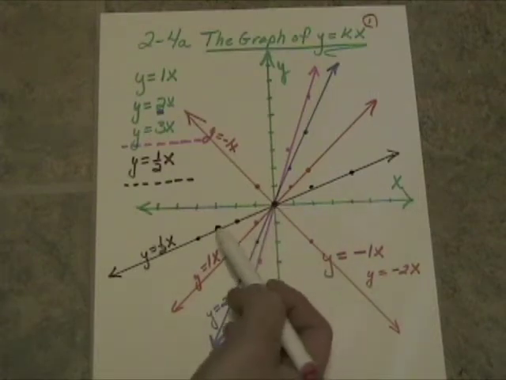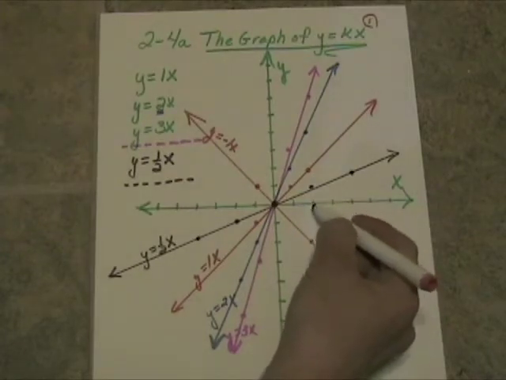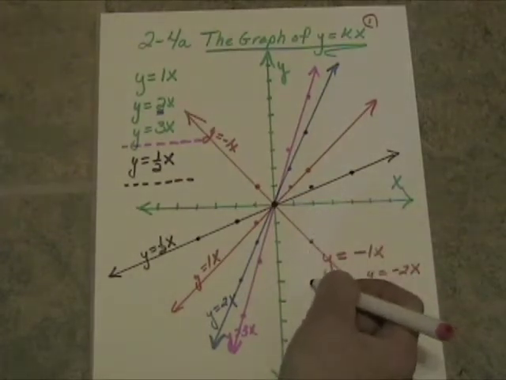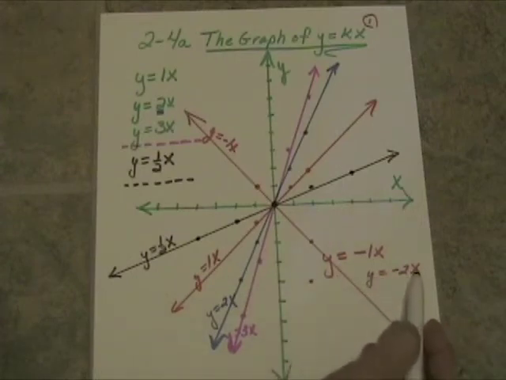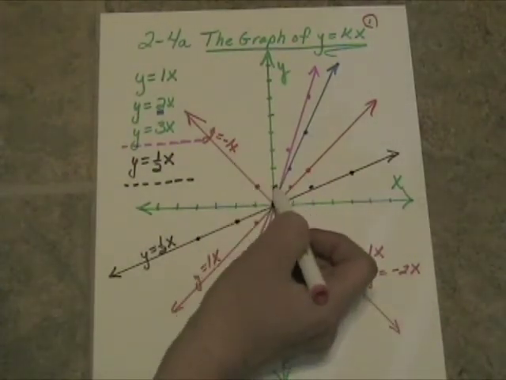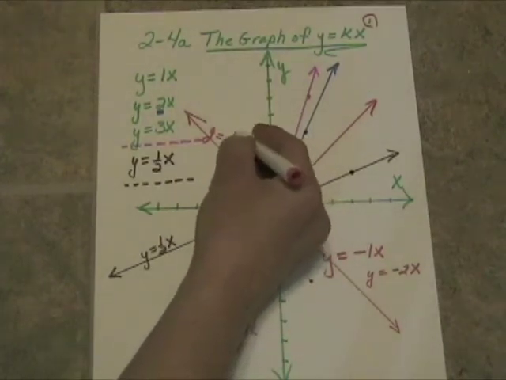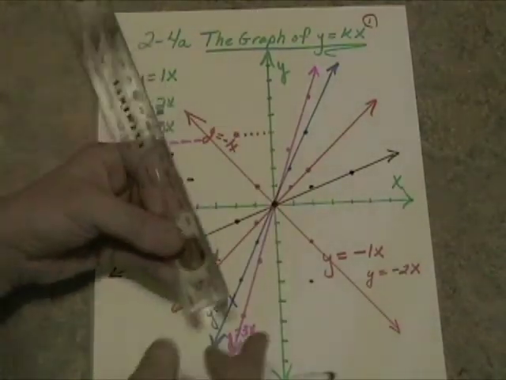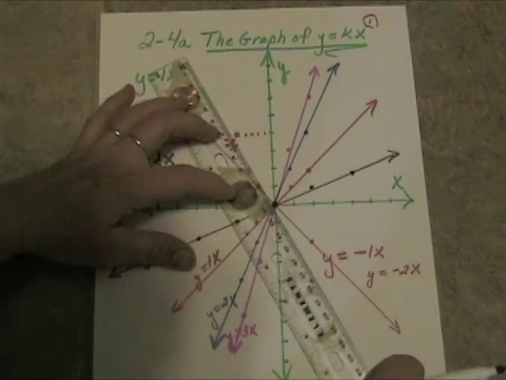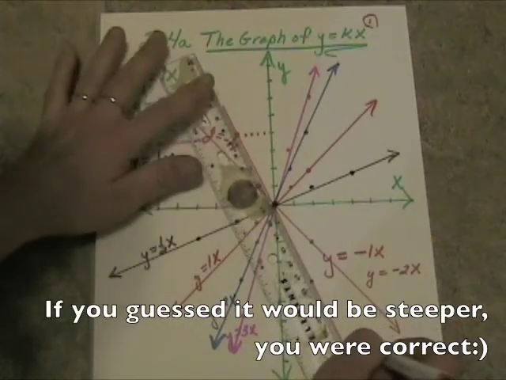If I put 2 in for x, 2 times negative 2 is negative 4, so that's going to be down here. Let's say I put a negative 2 in. Negative 2 times negative 2 is positive 4, and so that point is going to be right here. So our hypothesis was correct. It is going to get steeper, but in a downhill fashion.